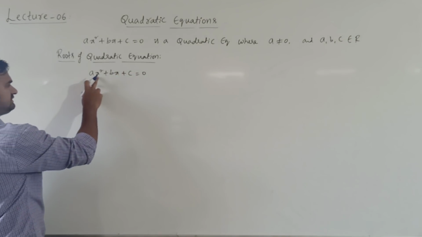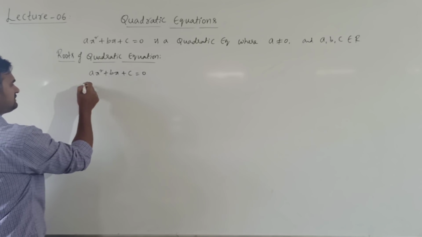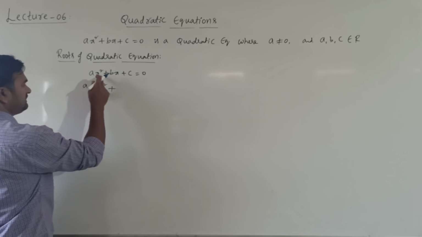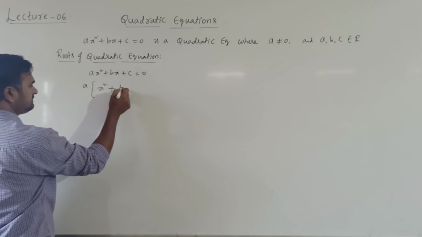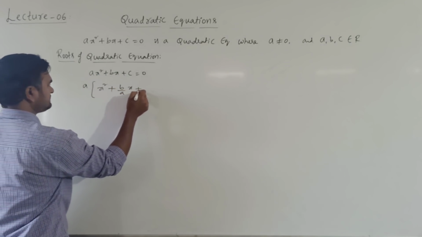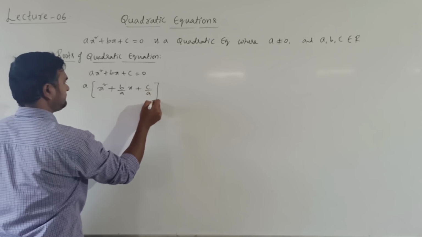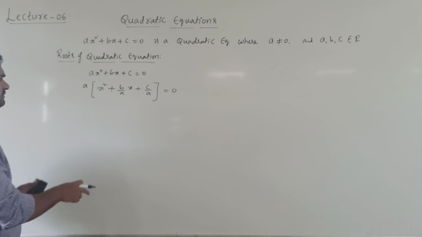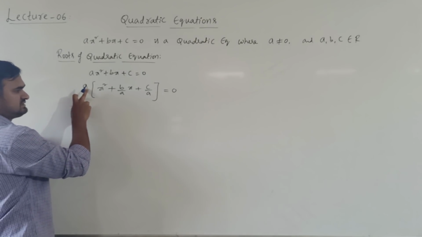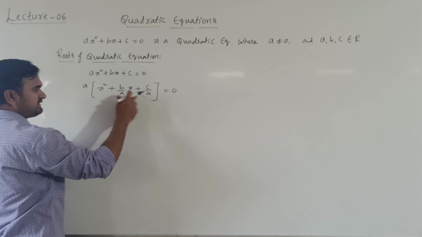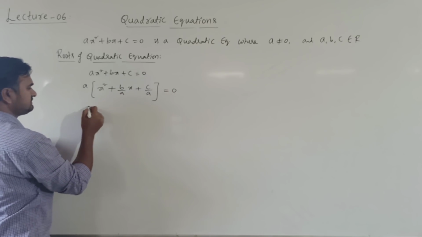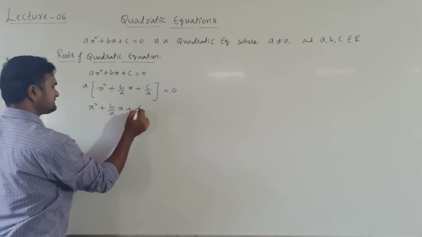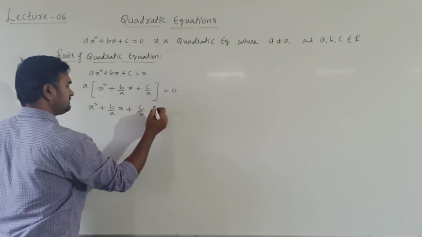Here I will take a common first. a into x square, taking a common, what remains here? b by a into x plus c by a is equal to 0. Now a is non-zero, so we can divide by a, and 0 by a will become 0. So we have x square plus b by a into x plus c by a equal to 0.